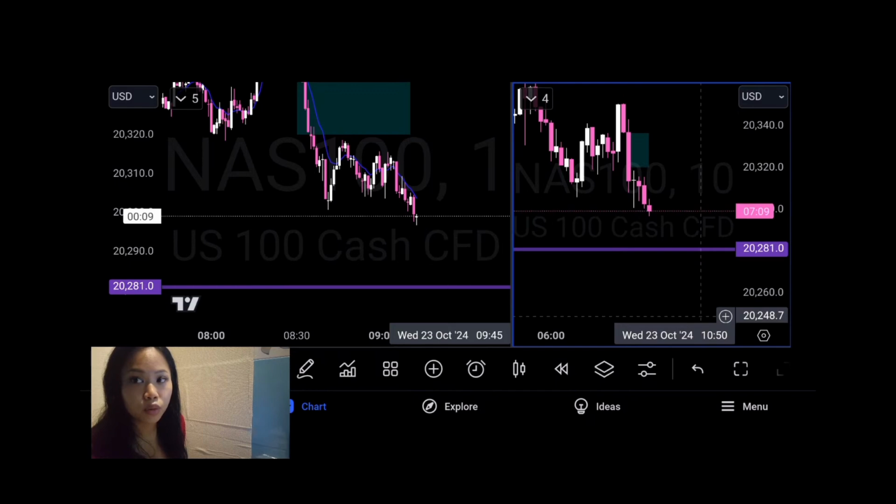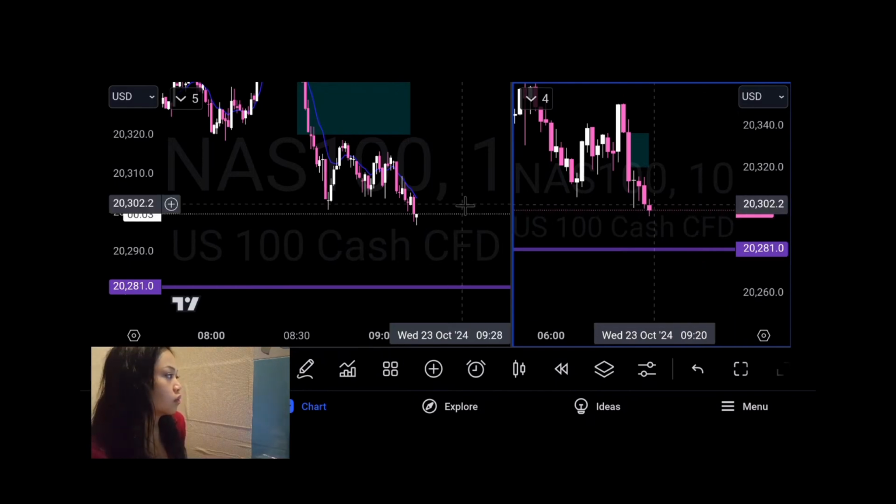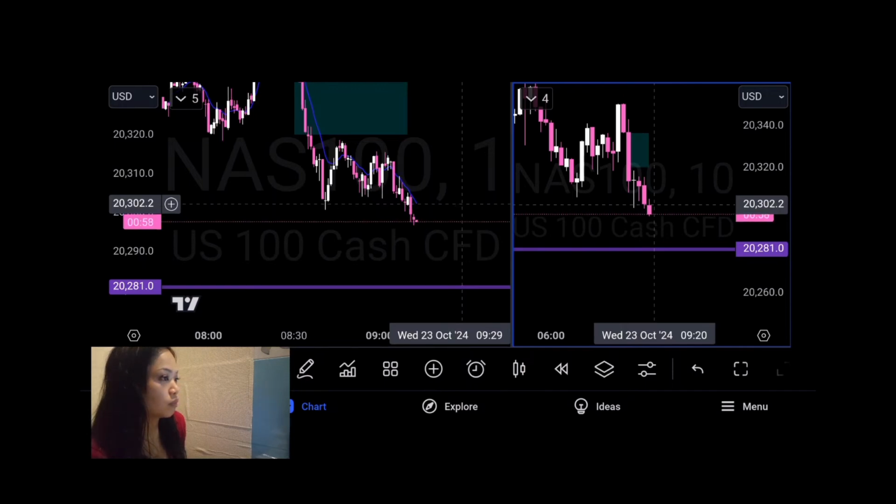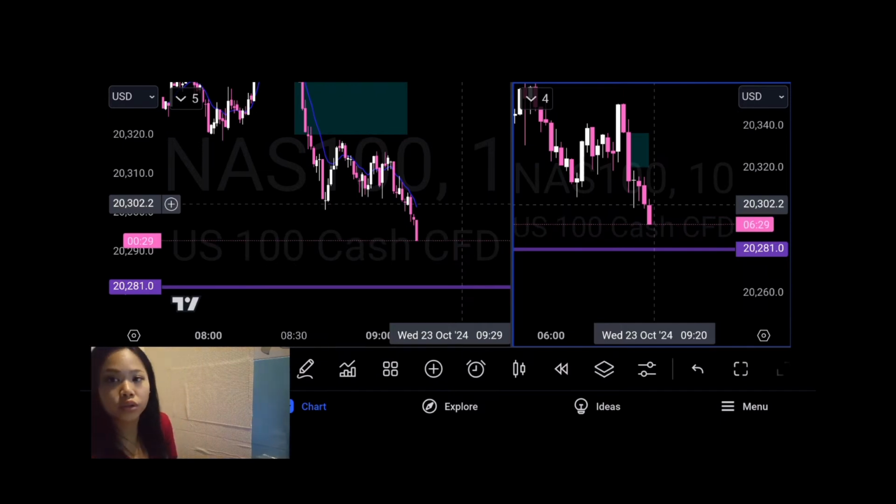So you might see the same with the NASDAQ. ES is also bearish.